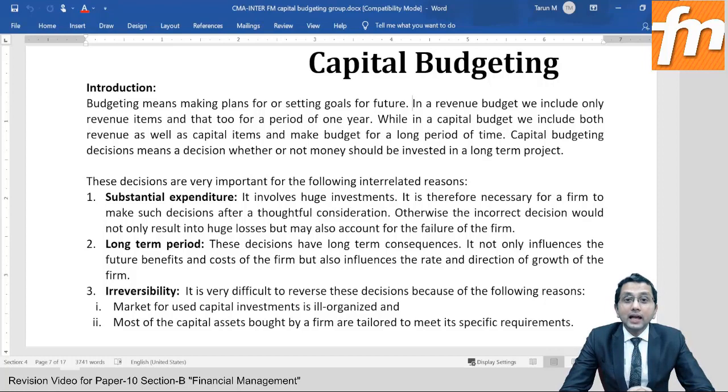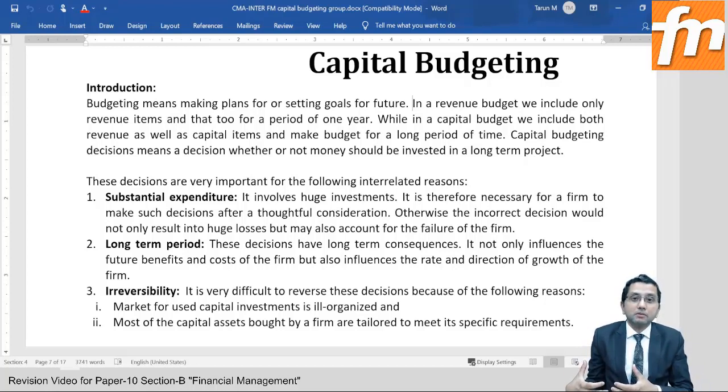A capital budget helps me to identify a good project which will result in good performance in future. And try to recall, the basic objective of financial management is wealth maximization. Wealth means value. Value is equal to performance divided by expectation. By making a capital budget, if I am able to choose a good project which gives high performance, then the higher the performance, the higher the value, the higher the wealth, objective achieved.